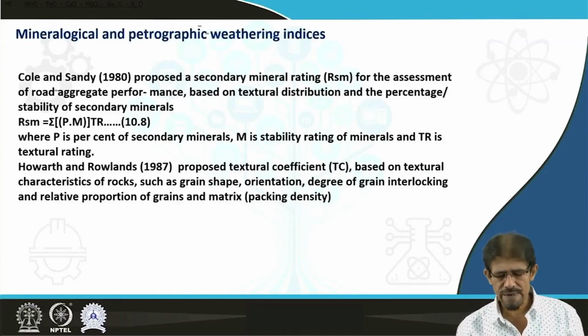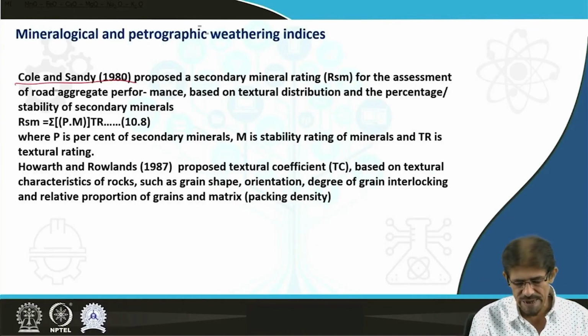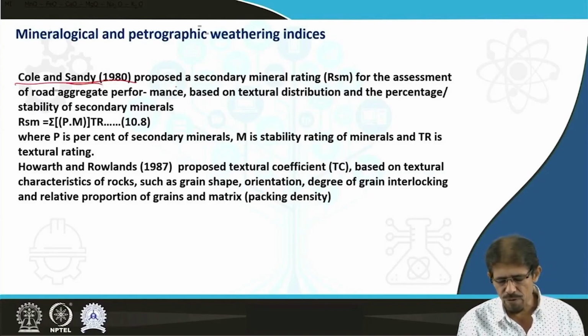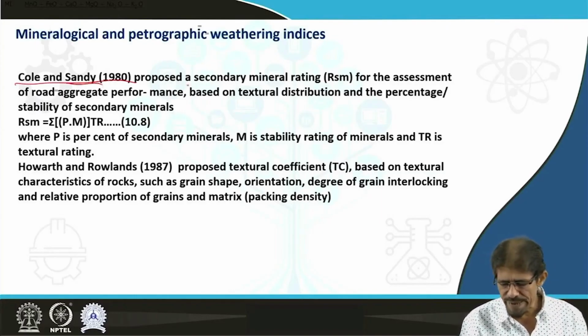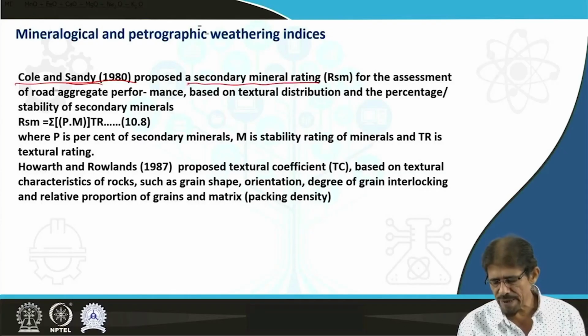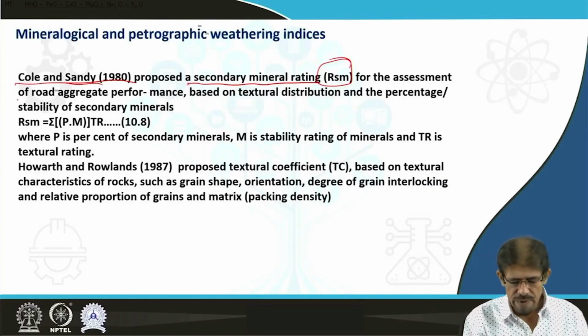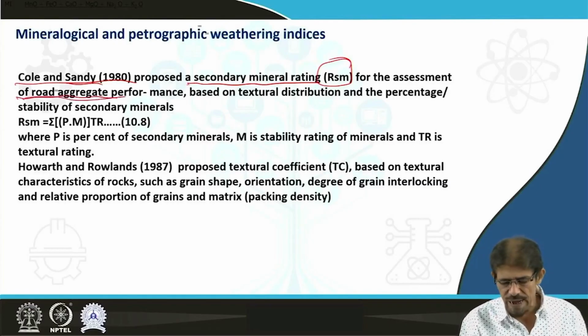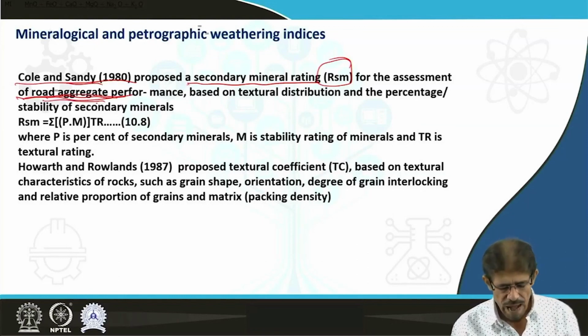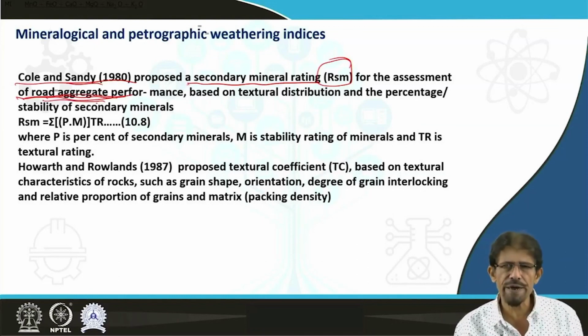Further in this direction, Cole and Sandy in 1980 proposed an index based on the secondary mineral rating. He started rating the secondary minerals for the purpose of assessment or evaluation of road aggregate performance.